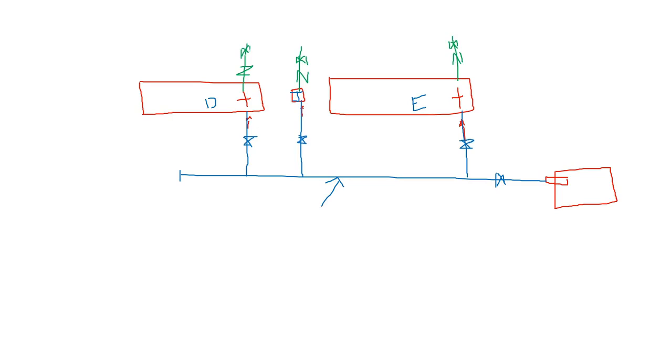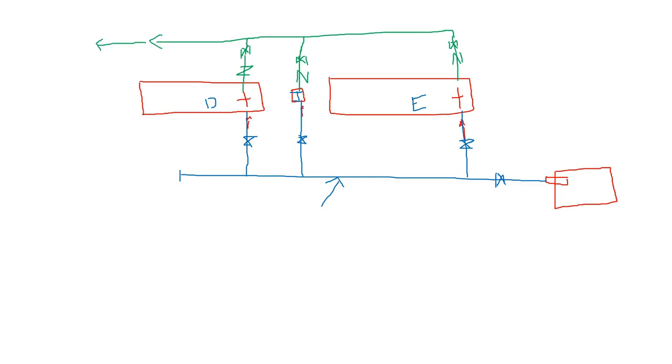Now all these will be connected to the discharge header. I'm making it in a simplified way so that you can easily remember and understand. From this discharge header we will take one line and this line will go to the main fire water network.